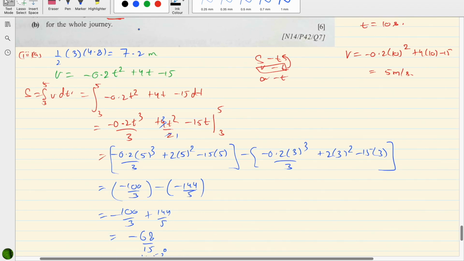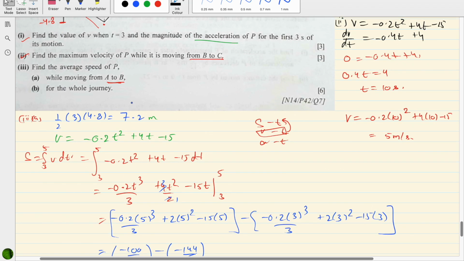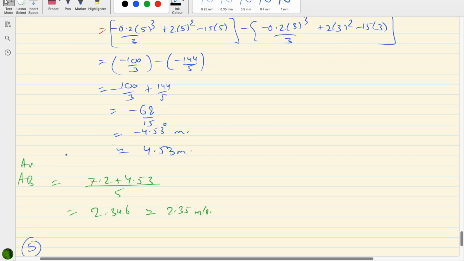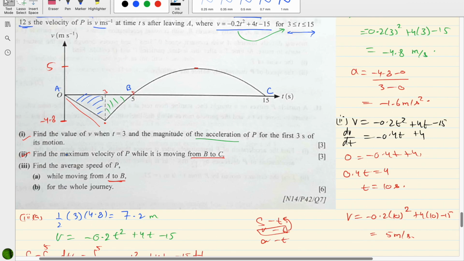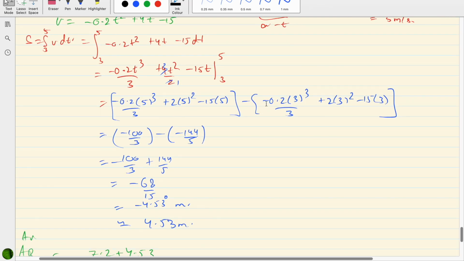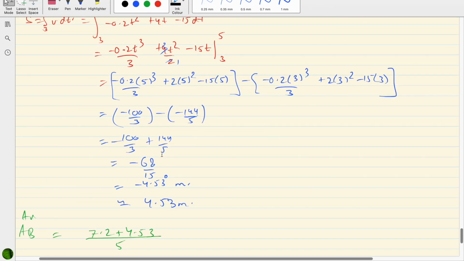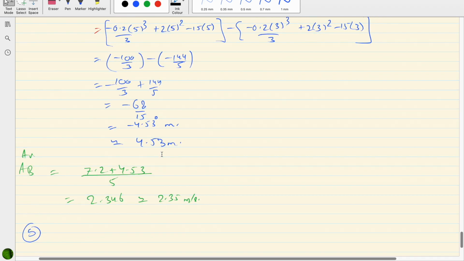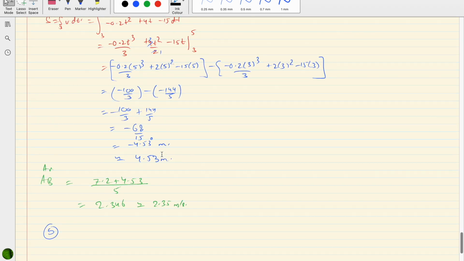And for the remaining part, B part says for the whole journey. So for the whole journey we need the whole distance. We already have the equation for displacement. Now we use the limits from 5 to 15 in the same integrated equation. Let me zoom out.